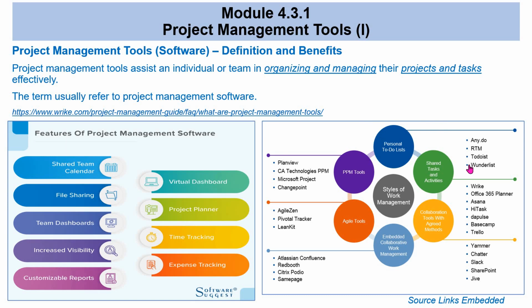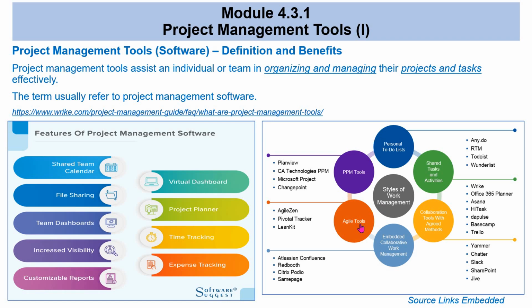When you look at some of the examples, like your personal to-do list, and the styles of work management, that can give you an idea of which tools you can use. For example, the PPM tools, which are the project management tools like PlanView, Microsoft Project, and ChangePoint.